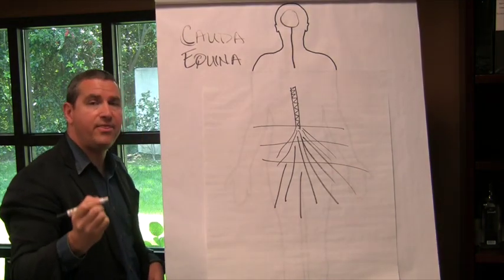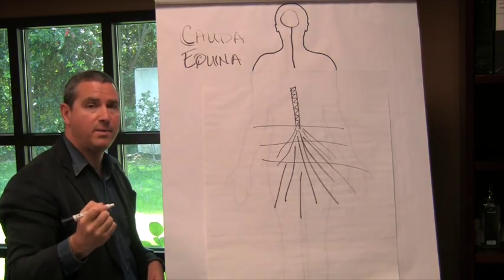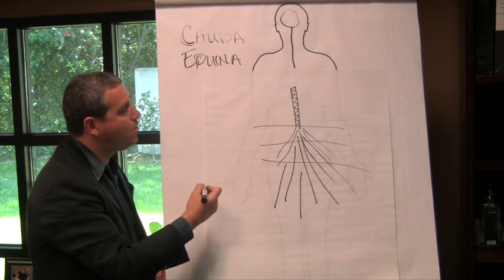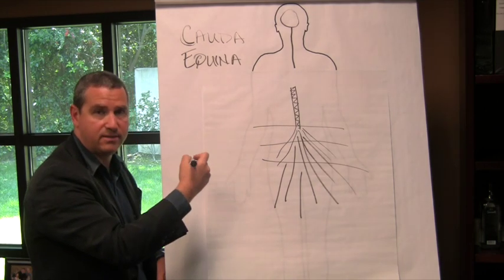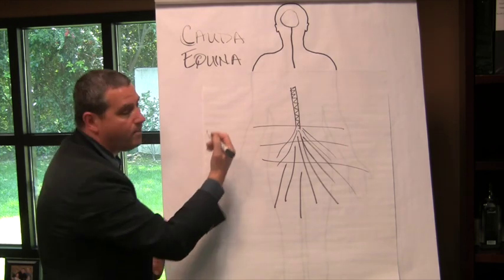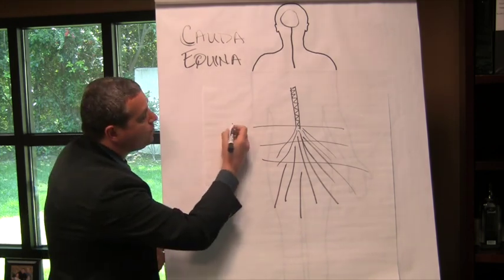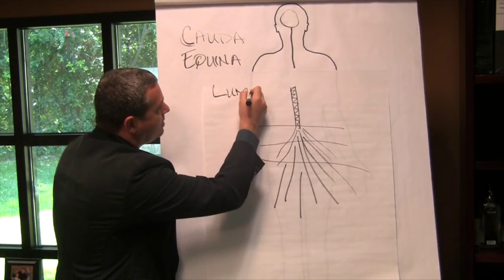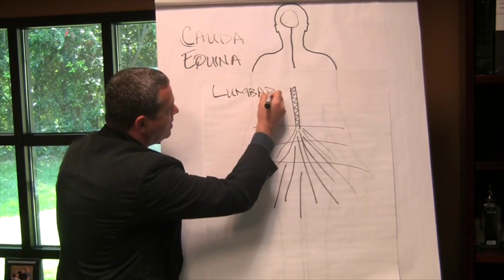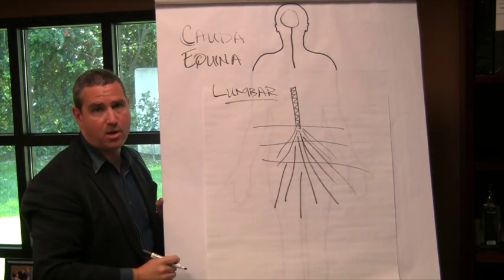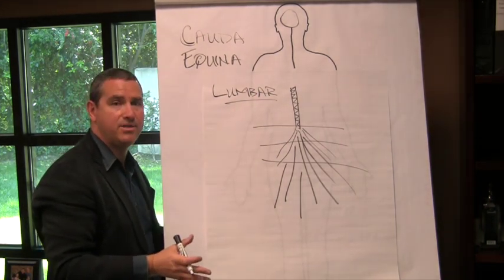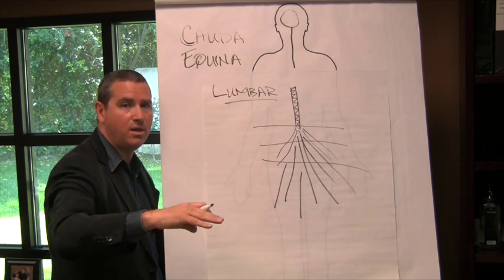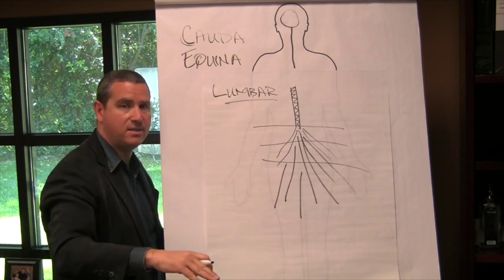So if you think about the levels of the spine, and if you've looked at other videos, you know about the block drawings of the spine, and you know about the levels. But in this case, really what we're talking about is the lumbar spine. And down below the lumbar spine, which I did not mention in the other video, is the sacral spine. It's just this very small area at the very base of the spine.